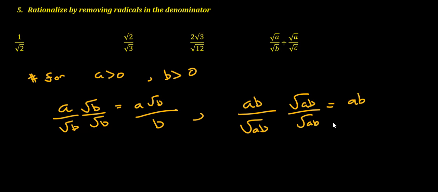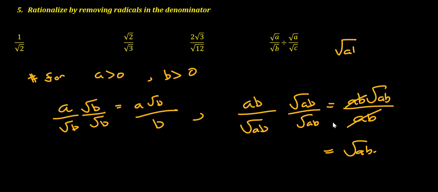So we get ab root ab over ab, which just leaves us with root ab. So don't fall into the trap of doing this. Root ab multiplied by ab is a squared b squared.